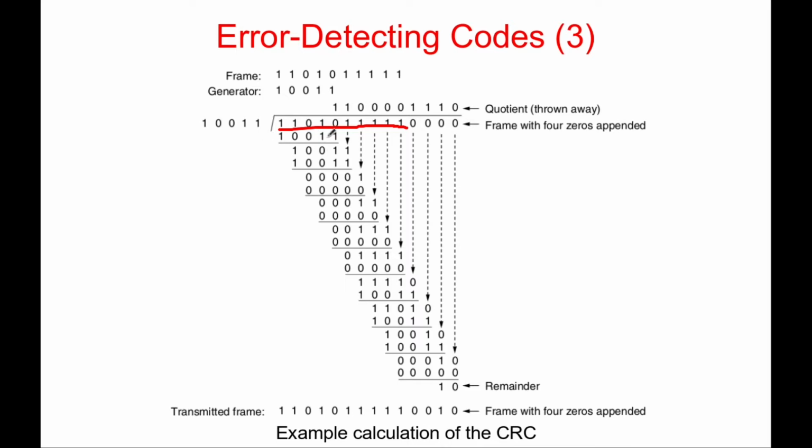This can be divided by 1 0 0 1 1 with the first 1, which accounts to the value 1 0 0 1 1. In modulo 2, as we have seen previously, 0 XOR 1 is 1, 1 XOR 1 is 0, 0 XOR 0 is 0, 1 XOR 0 is 1, and 1 XOR 1 is 0, which is not taken obviously. That's how we get 1 0 0 1, and we take the next bit down here. So that exactly becomes the dividend, and that's why once again we are taking 1 here. That makes it all zeros.